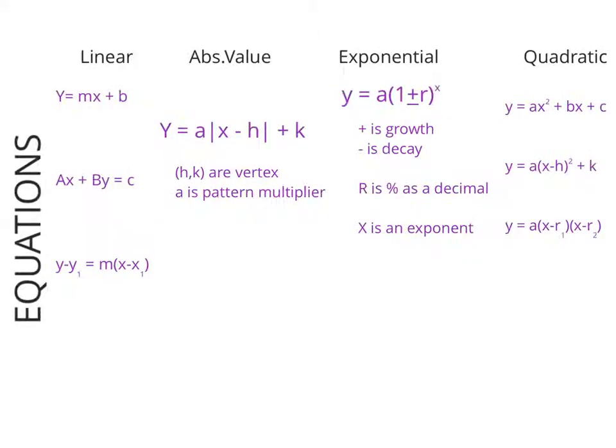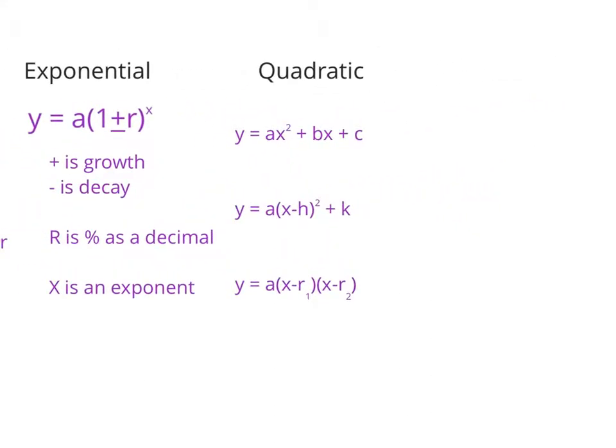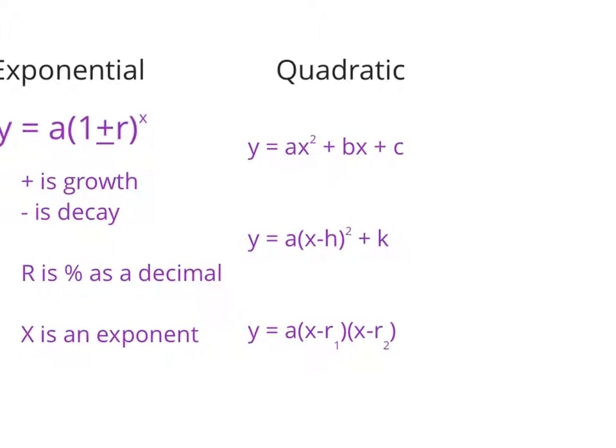All right, and then quadratic here is at the end. We've been talking about this most recently, but the biggest thing that you should recognize with quadratic is that we have x squared. So this first one is standard form. You all recognize that. c is the y-intercept. I would label that as standard form in your notes for yourself. Then we have vertex form. This should look super similar to what we just wrote for absolute value.